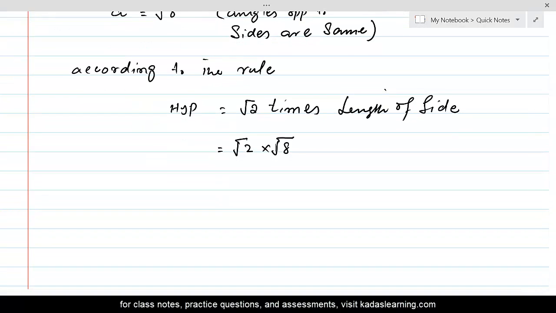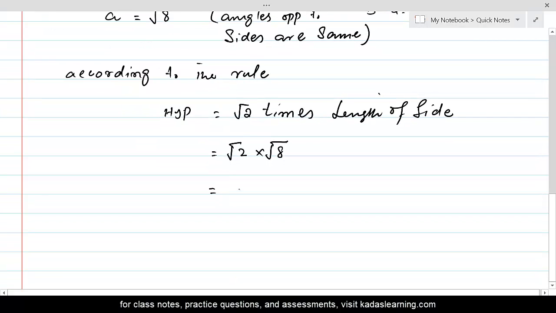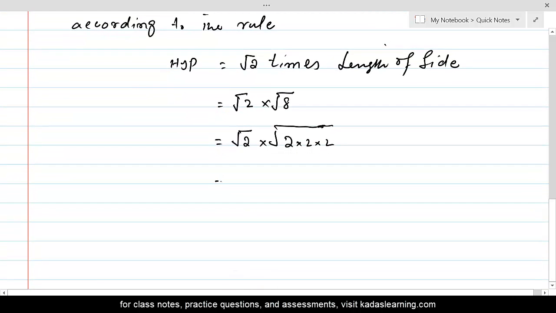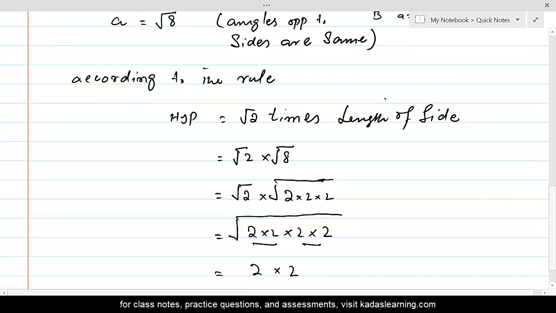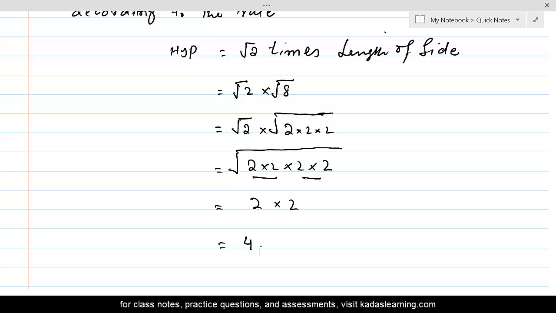If we take the factors of 8 as 2 times 2 times 2 and then make pairs under one square root, this would give us 2 times 2 times 2 times 2. So out of this pair and out of this pair, this will be 2 times 2, which is equal to 4. So for this triangle, the length of the hypotenuse must be equal to 4.